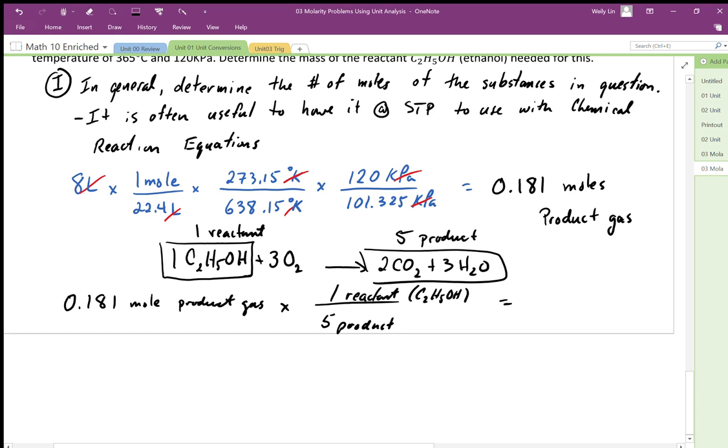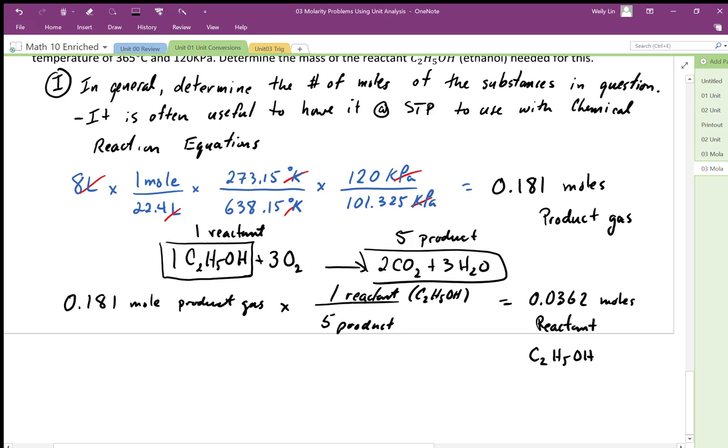When I work out that value, 0.181 divided by 5 gives me 0.0362 moles. Okay, so that's how many moles of ethanol I have, or C2H5OH. Sorry, this is not reactant gas, but reactant.